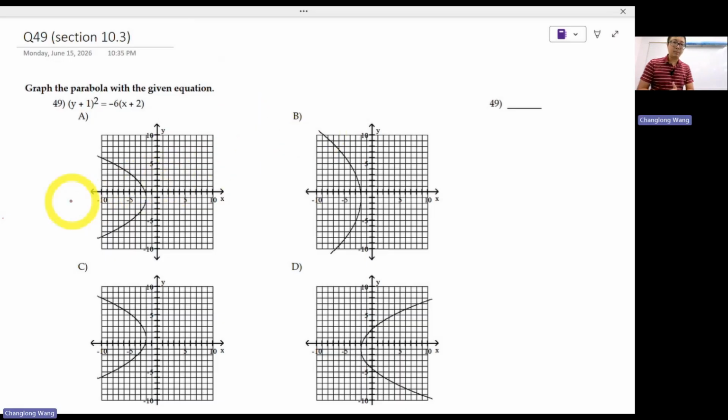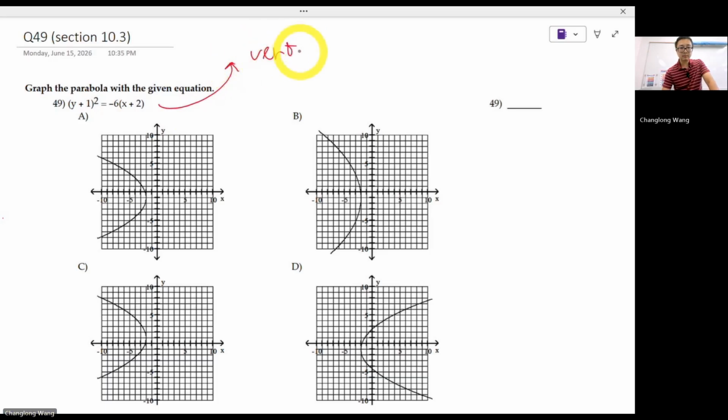It's a parabola, right? So of course, you see it's already in standard form. So you could identify the vertex by looking at the h and the k. Again, they are the numbers that you subtract from an x and a y.